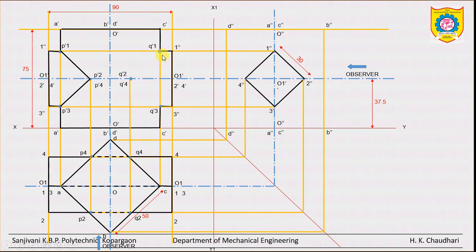So from this side also you can join Q1 and Q2, and similarly Q4, Q3. Clear? Such type of intersection you can observe. Now actually it is looking difficult, but after understanding it will be simple for you.